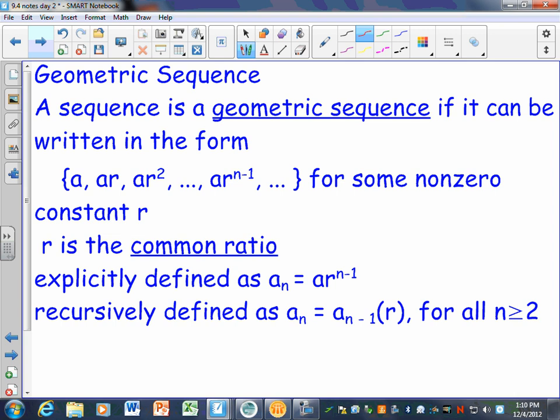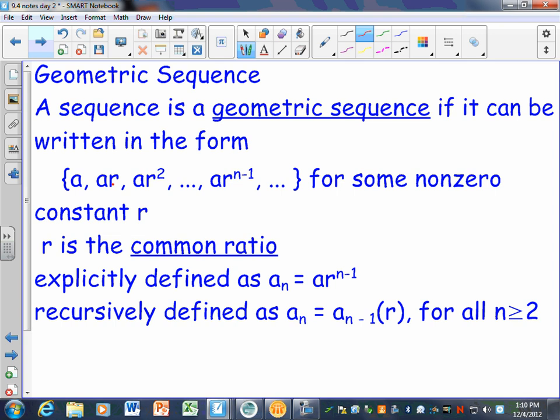So that first example I gave you, we were multiplying by 3 every time. So we had 3, and then 3 times 3 was 9, and then 3 times 9, or 3 times 3 squared would give you 27, and that works.